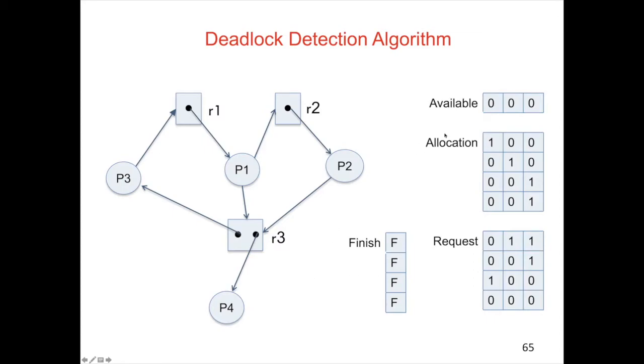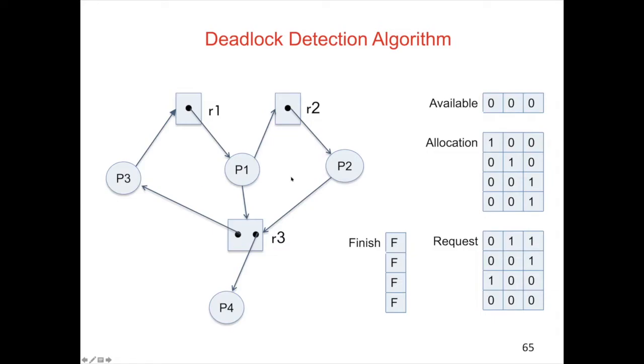For this graph, we have no free resource, so available is 0 for all of the resource types. And the allocation is as follows. For process P1, R1 is allocated, we have one here, and it is not allocated any of the other resources. They are 0.